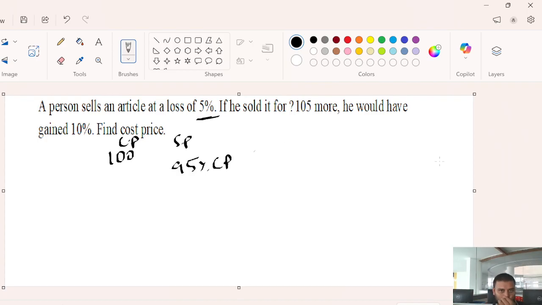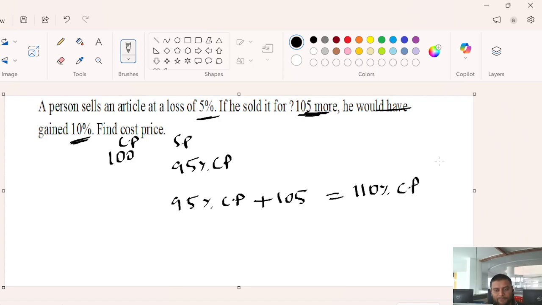After that, if we sold it for 105 more, so the previous selling price, 95 percentage of CP, plus 105 rupees more, then he would have gained 10 percentage. 10 percentage gain means 110 percentage of CP.